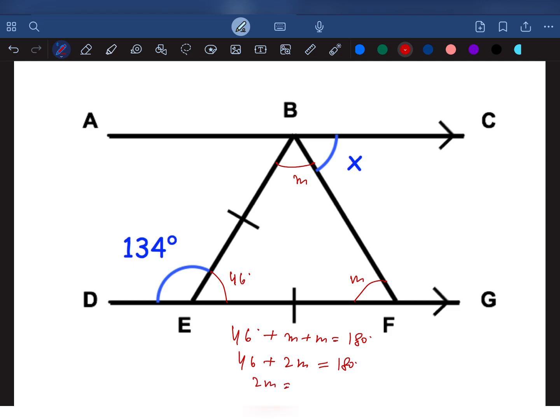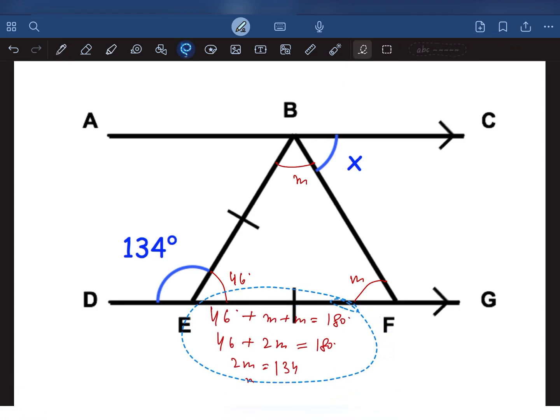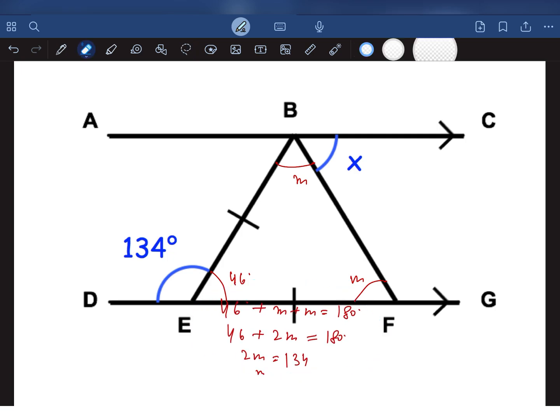We take 46 to the right side and subtract it from 180, which gives 134. To get the value of M, we divide both sides by 2.